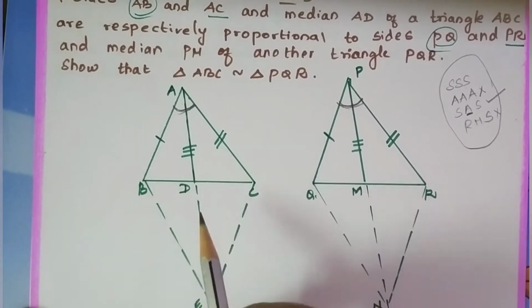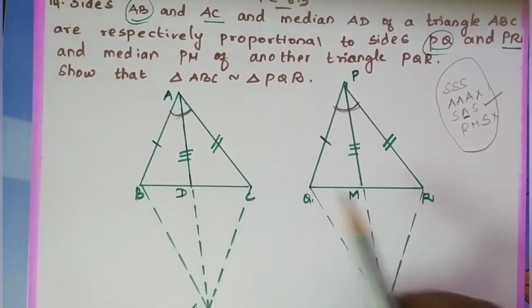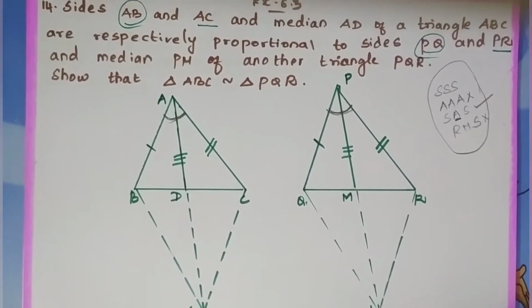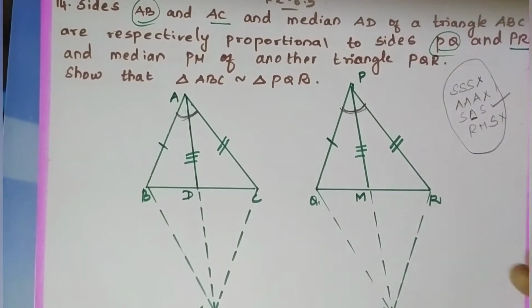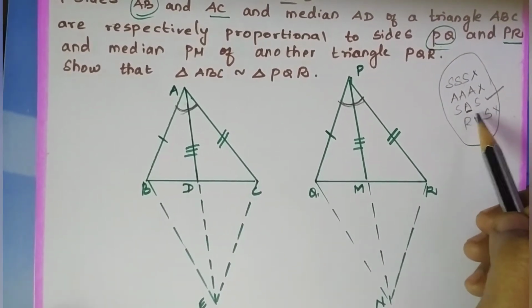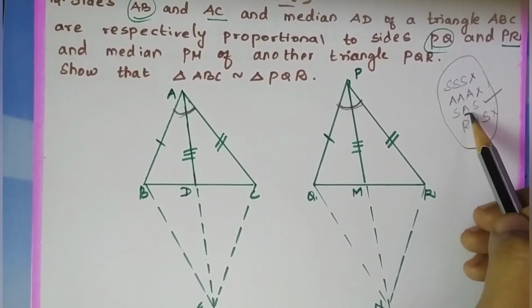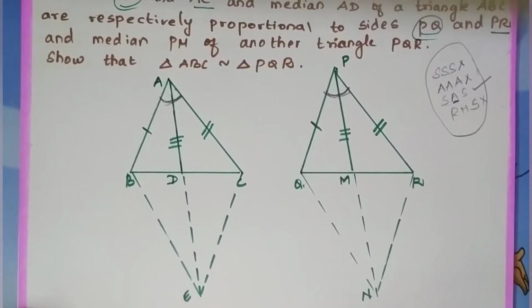Already two sides are in proportion, but one median only is in proportion, not the side BC, and here also not QR. So we can't prove with this one also. What do we have to do now? Which similarity criterion do we have to use? SAS. That only we have to use.